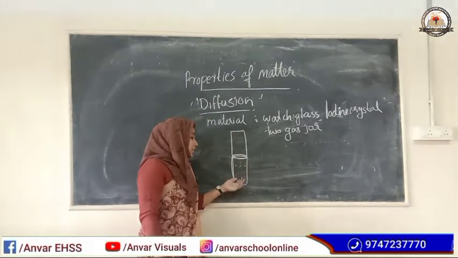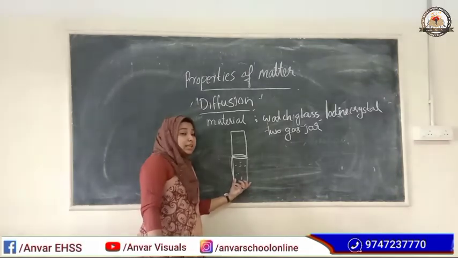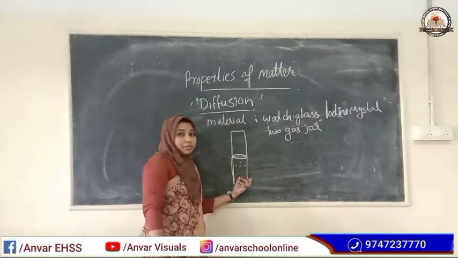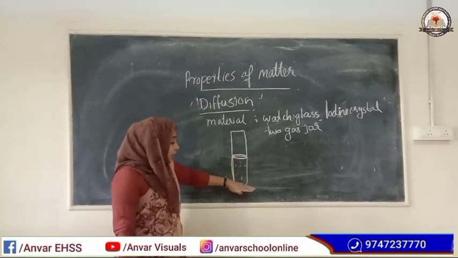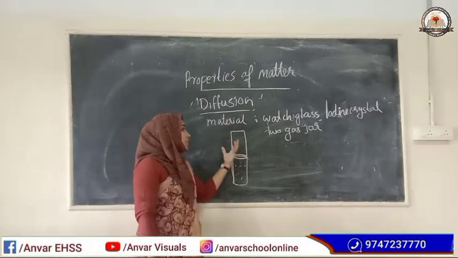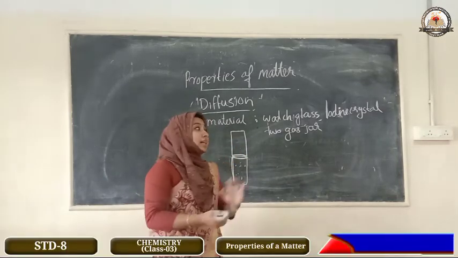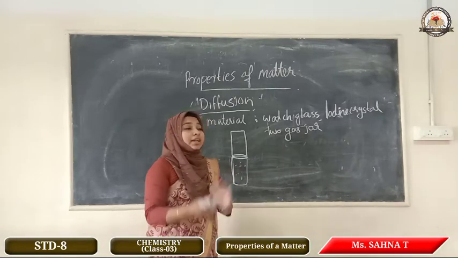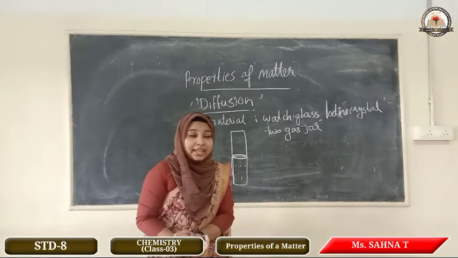So the color of the iodine in the lowest gas jar is very faded, because the iodine particles moved from the lowest gas jar to the upper gas jar.